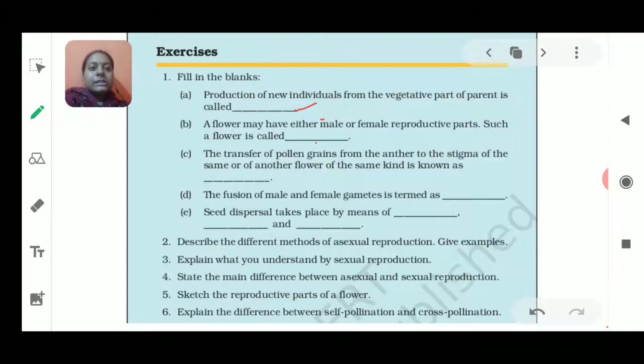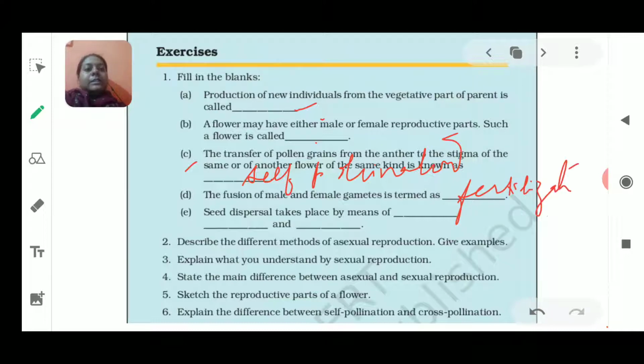The transference of pollen grains from anther to stigma is known as pollination, and this is especially self pollination. Then the fusion of the male and female gametes is known as fertilization. For seed dispersal, you can write down any three seed dispersing agents. So this we discussed yesterday.